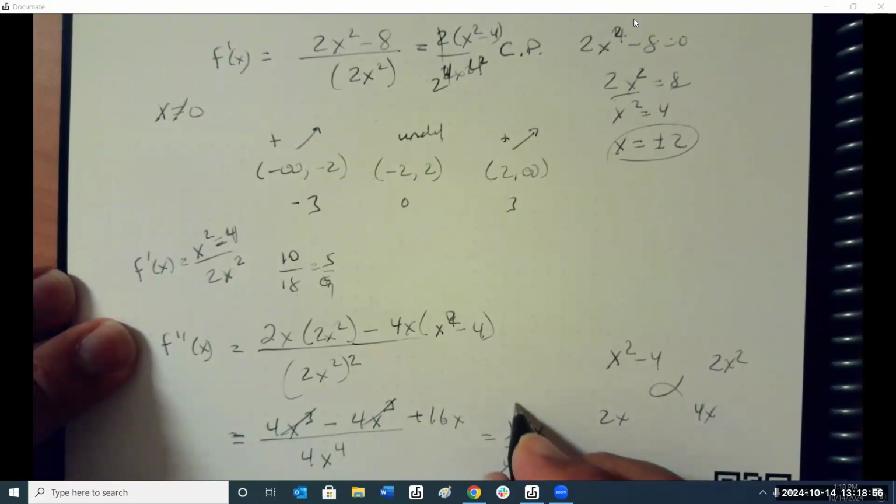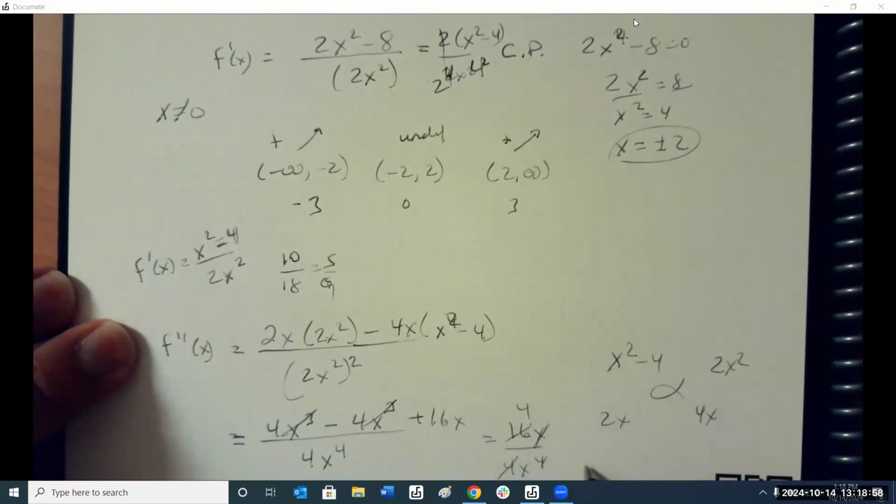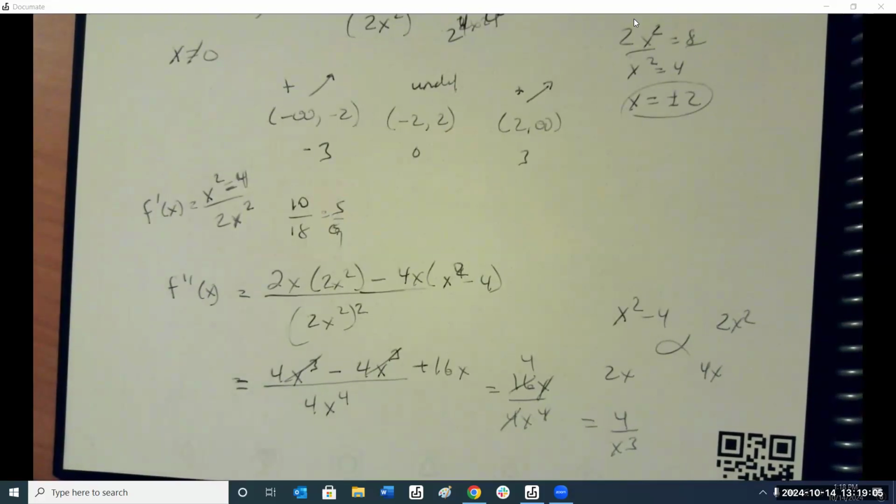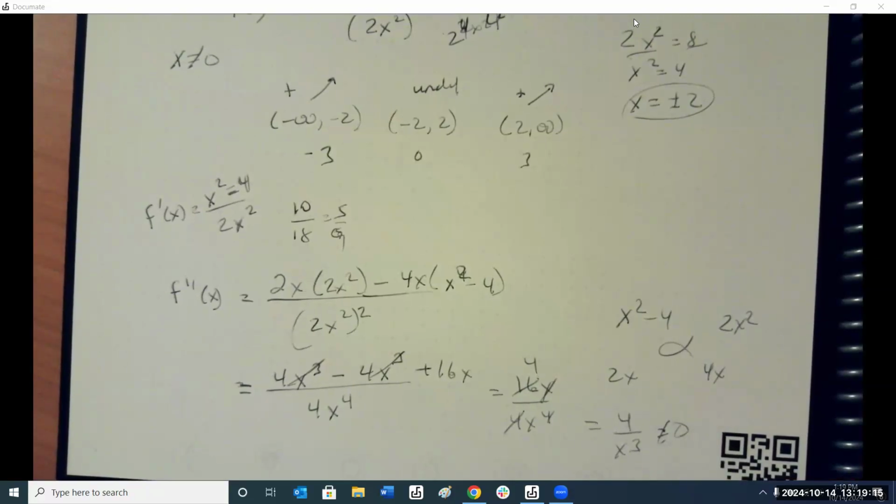The fourths cancel, one x cancels, so we get 4 over x cubed. It cannot equal 0, so it has no point of inflection.